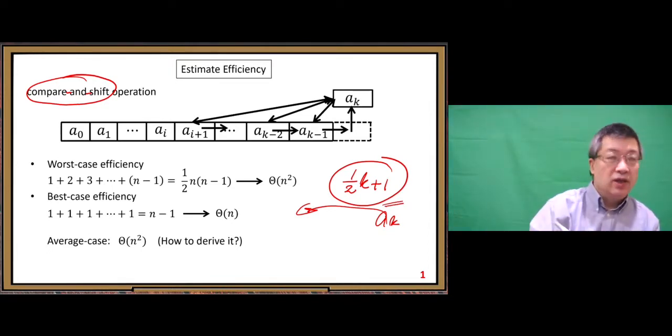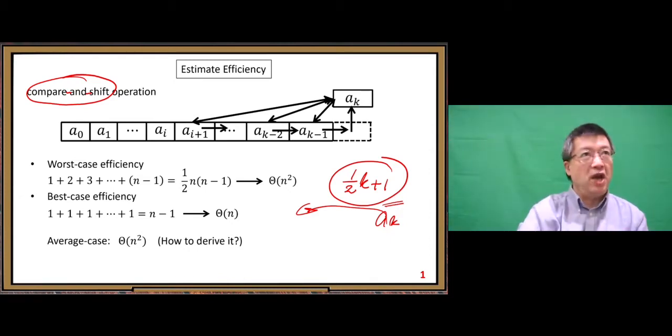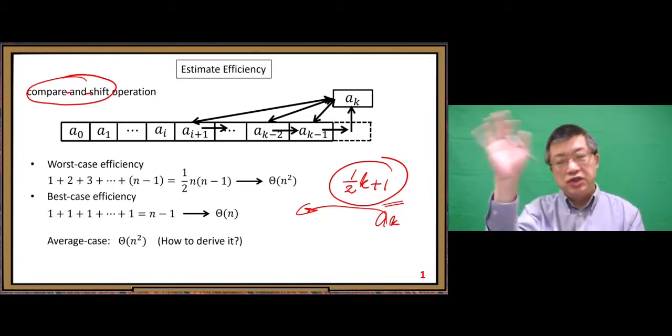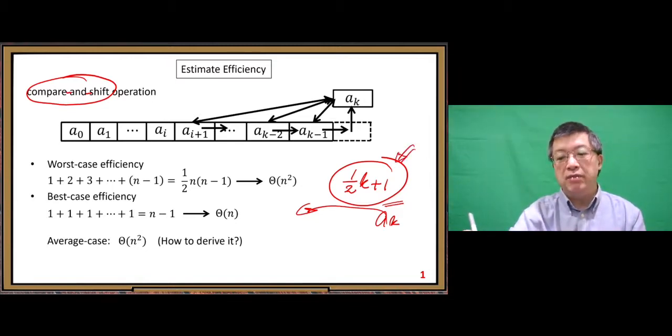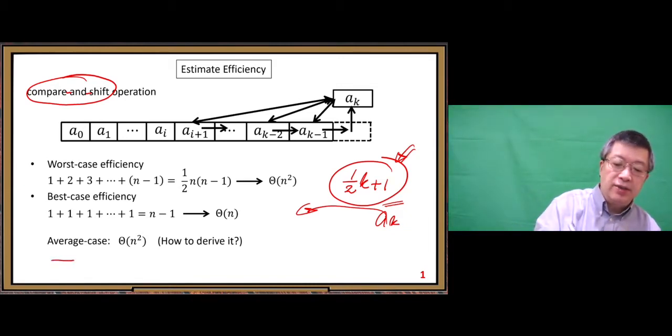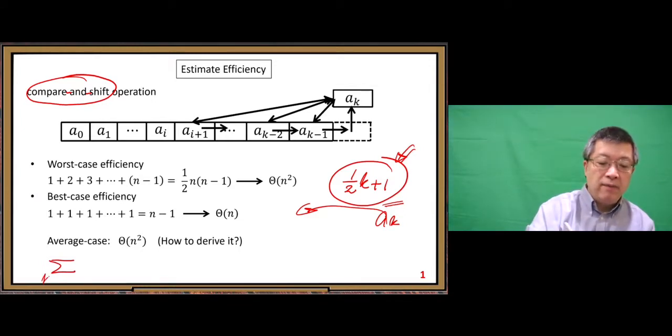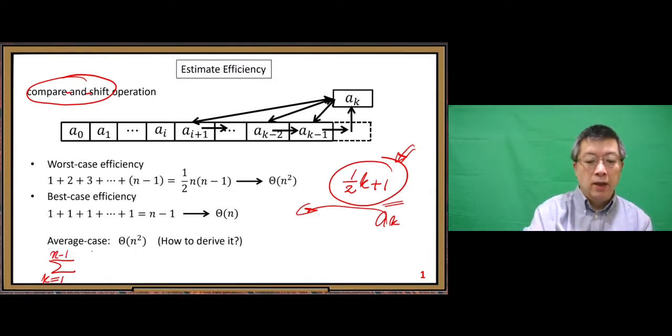Now, let's look at all the insertion steps. Each insertion step uses this average number. So we do the summation, k from 1 to n-1, of 1/2 k plus 1.